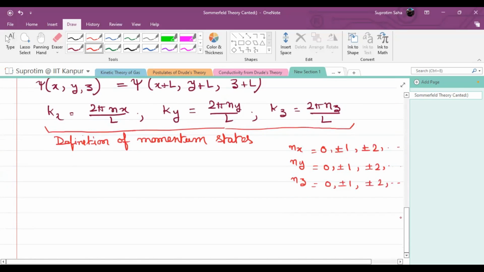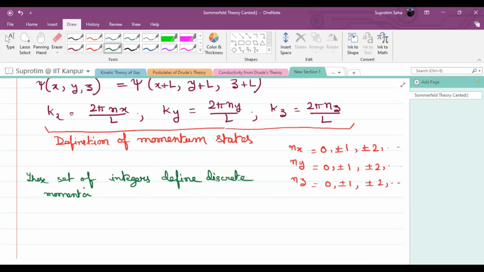So this is the basic imposition that you have to do. This set of integers defines discrete momenta states, because all possible values of k_x, k_y, k_z are not allowed.